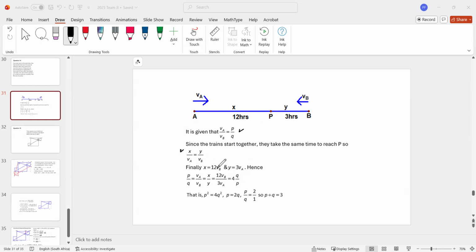This X here is the distance that VB has to cover, right? From here now, VB has to cover the distance X, and it takes 12 hours to do that. So speed times time is distance, so X is 12 VB.